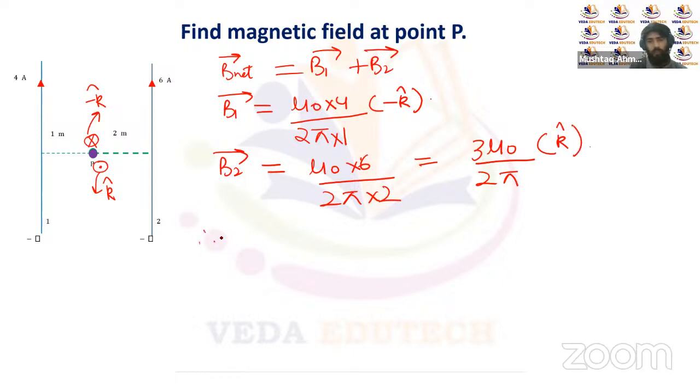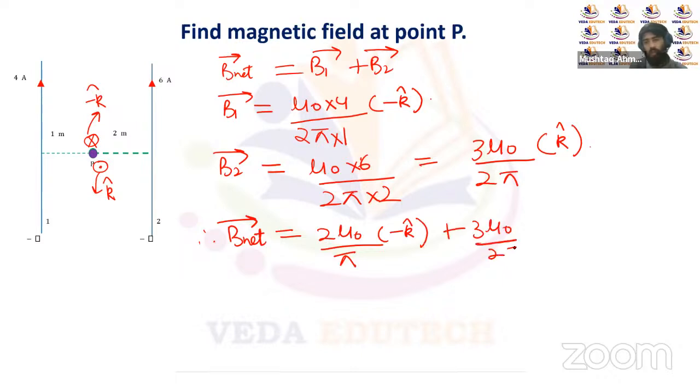So the net magnetic field in this case will be equal to 2 mu naught upon pi, minus k cap, plus 3 mu naught upon 2 pi, k cap. So the net magnetic field will be equal to minus mu naught upon 2 pi, k cap.